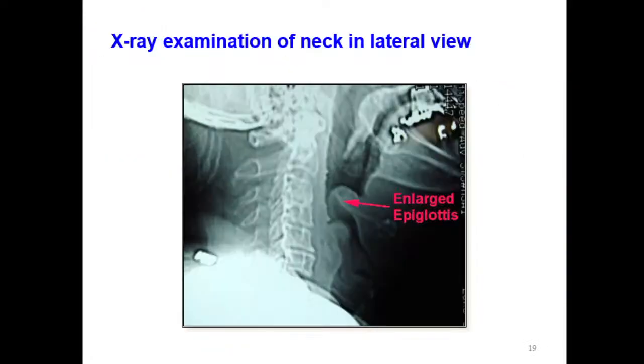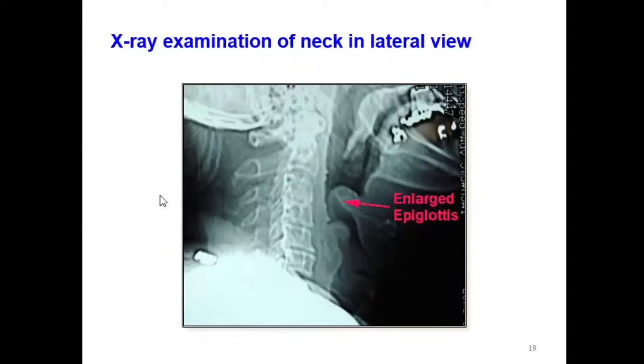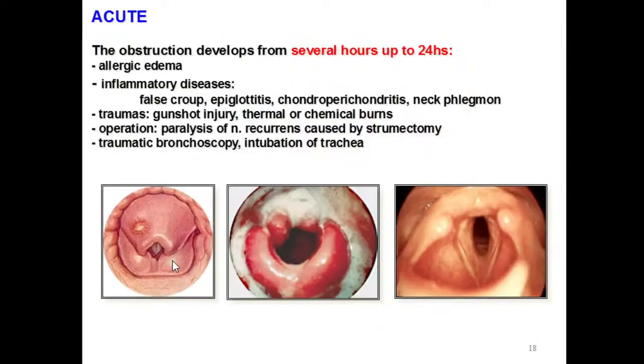On this slide you can see such a disease as epiglottitis. We will speak about it later, but you may see an enlarged epiglottis with very severe hyperemia of the epiglottis. Here you can see the purulent focus, a purulent spot.